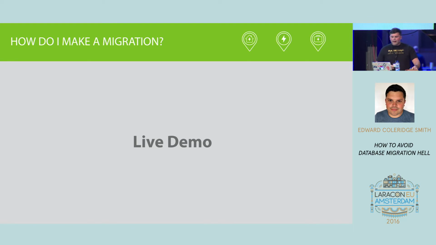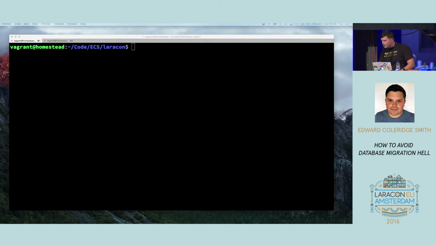So we're going to do a quick demo on how to create a database migration. I like to use the artisan commands because with database migrations, the file naming and namespacing and auto-loading is quite fussy because they get run in order. So let's make sure this works. Right.